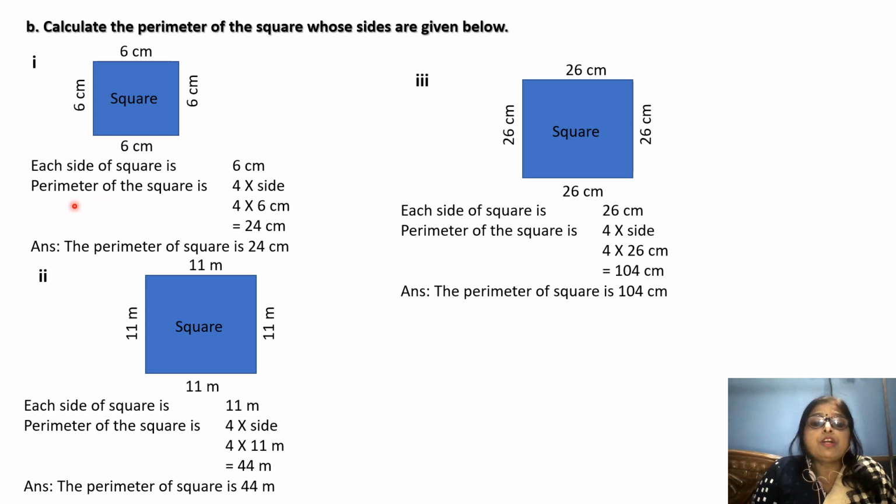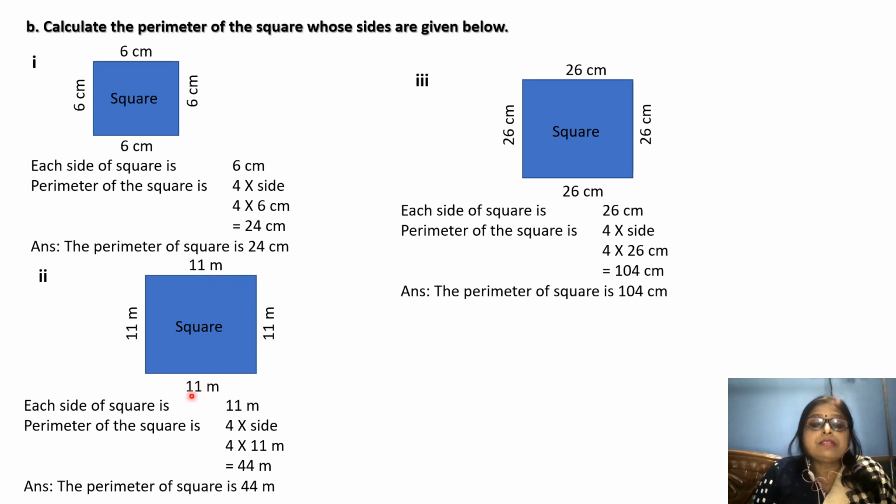So perimeter of the square is 4 into side, that is 4 into 6 centimeter, that is 24 centimeter. So in answers column, you have to write here the perimeter of the square is 24 centimeter. Next, measurement is given here 11 meter.